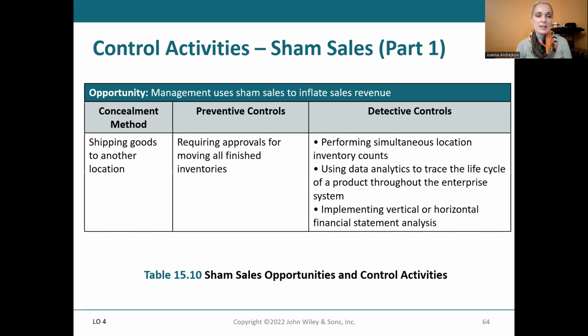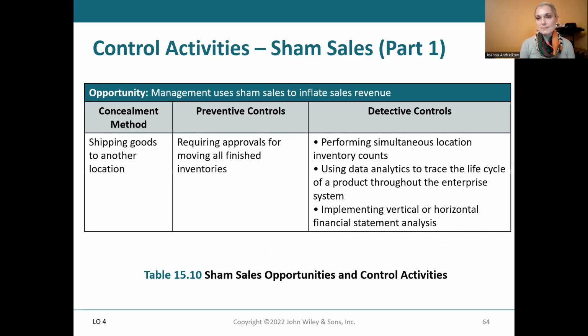When it comes to sham sales, how do you conceal sham sales? Well, by shipping goods to another location. Preventative controls to negate this type of behavior include requiring approvals for moving all finished inventories.